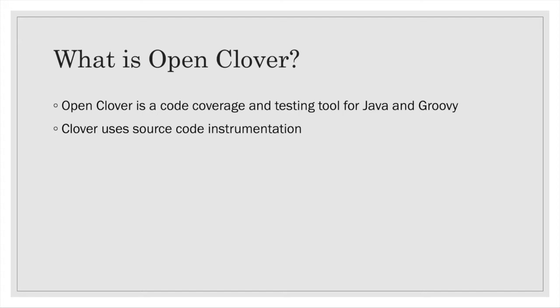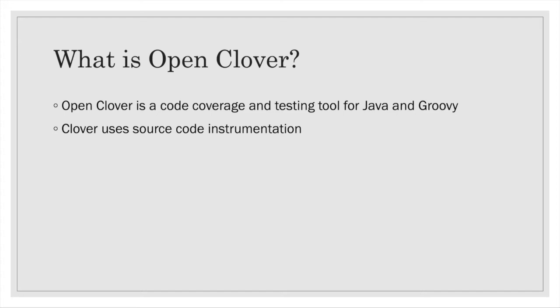So we're going to cover code coverage in regards to Clover. So what is Clover? Clover is a tool that is used for code coverage and testing for Java and Groovy projects.